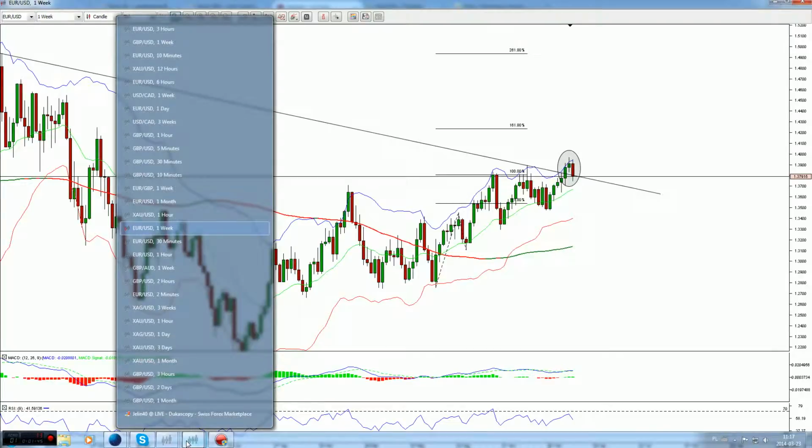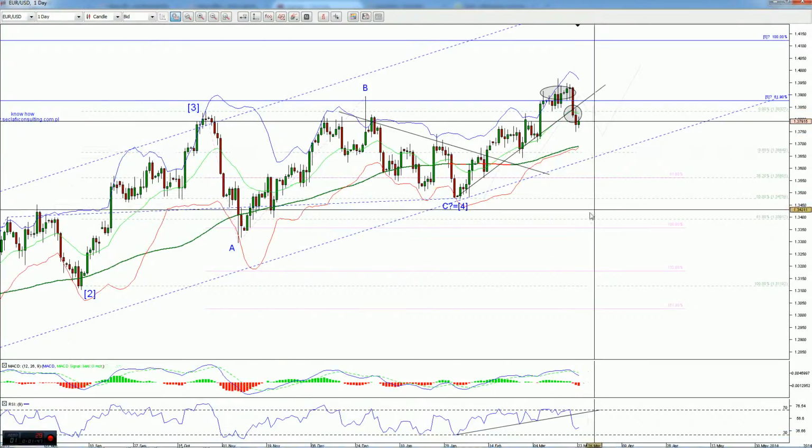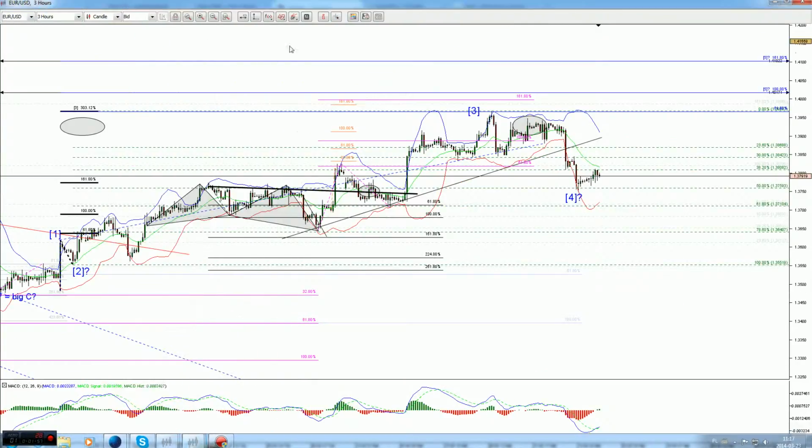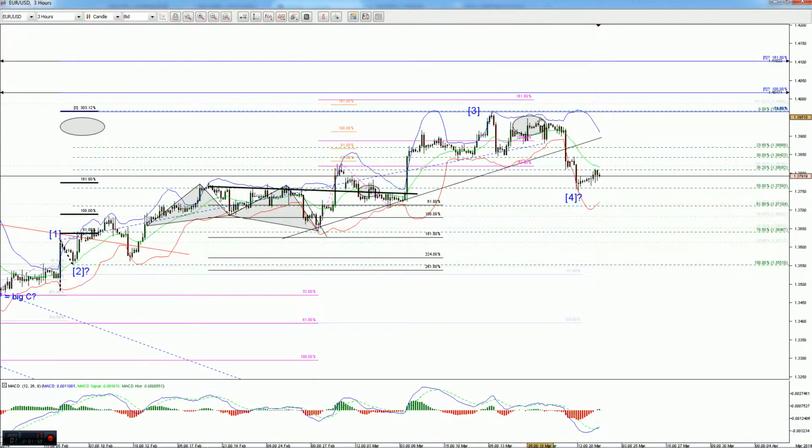Okay, but let's have a look at the daily. Here on the daily, this structure to the upside, we may consider it either as finished or not finished yet.